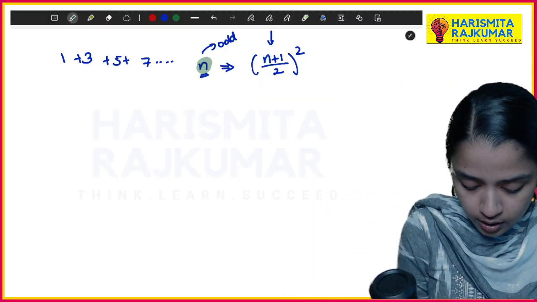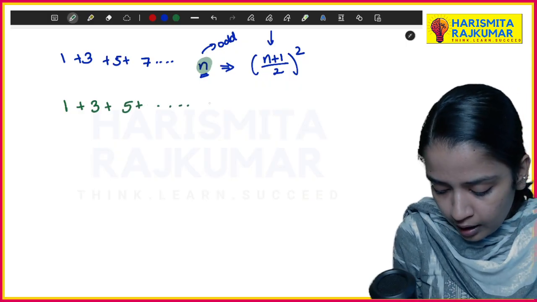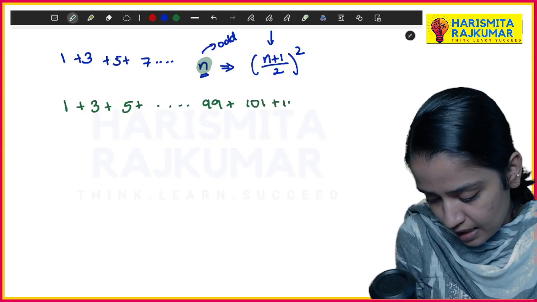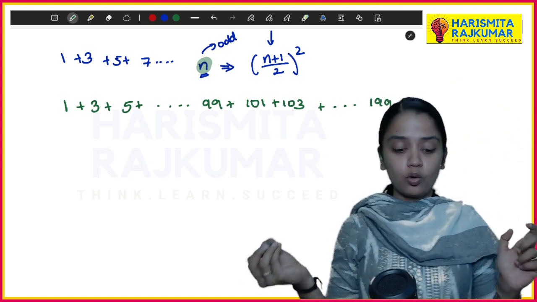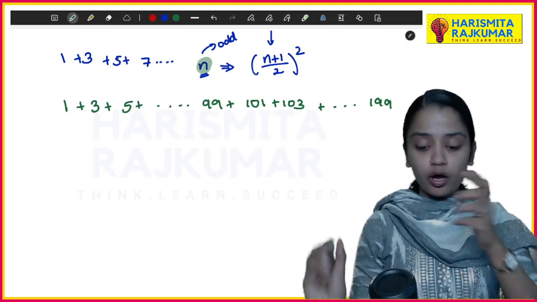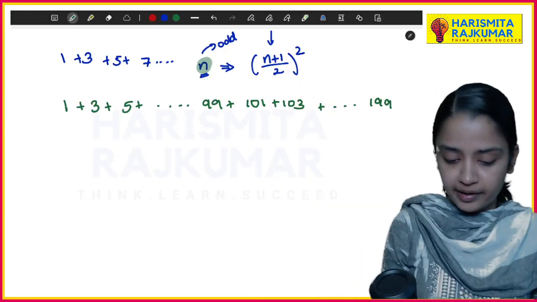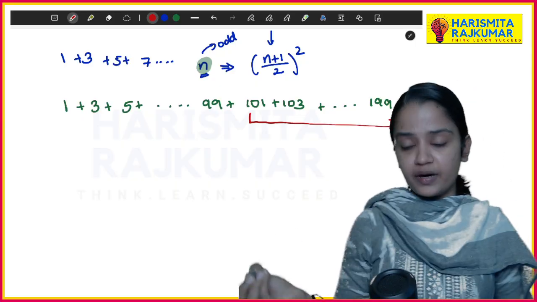We know 1 plus 3 plus 5 up to 99 plus 101 plus 103 up to 199. So this is the full set of odd numbers from 1 to 200. Now what did they ask? They asked this number alone.